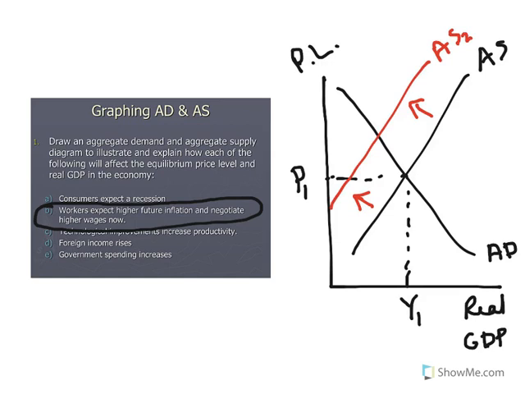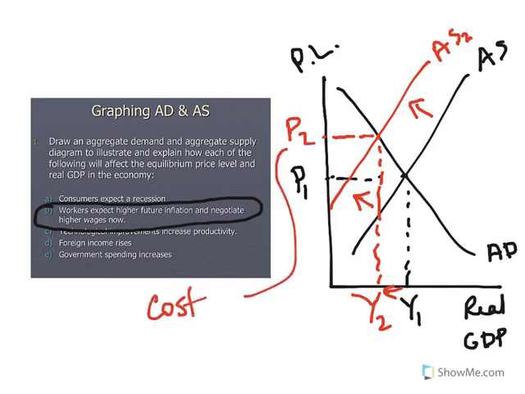And so again, we see that it's causing the economy to go into a recession because real GDP is going to fall. At the same time, it's causing the price level to rise. So you remember that we called that cost push inflation, when the cost of resources are what is pushing the price levels up in the economy. So in this case, the resource of labor price is increasing and it's pushing price levels up.